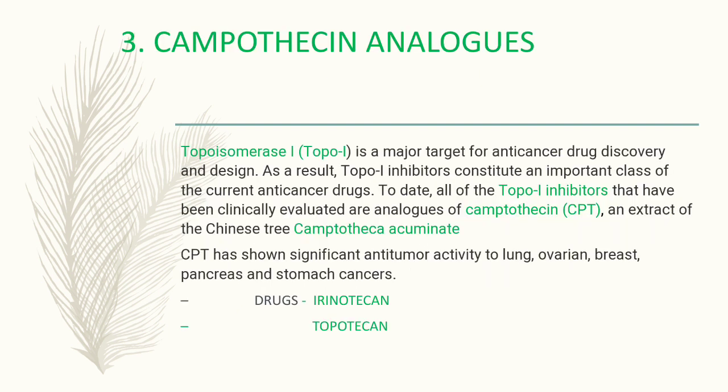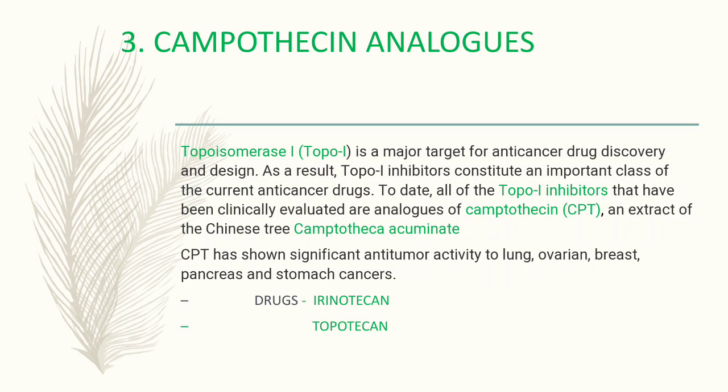Camptothecin analogues. Topoisomerase is a major target for anti-cancer drug discovery and design. As a result, topo inhibitors constitute an important class of the current anti-cancer drugs. To date, all of the topo inhibitors that have been clinically evaluated are analogues of camptothecin, which is an extract of the Chinese tree Camptotheca acuminata.